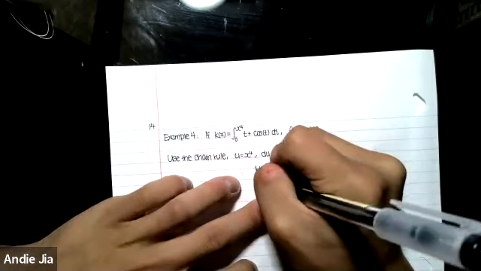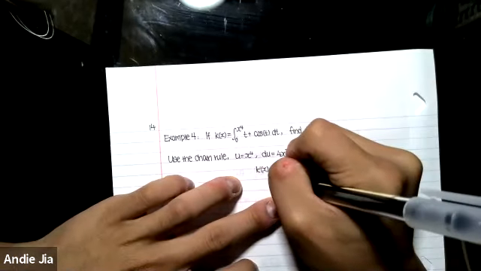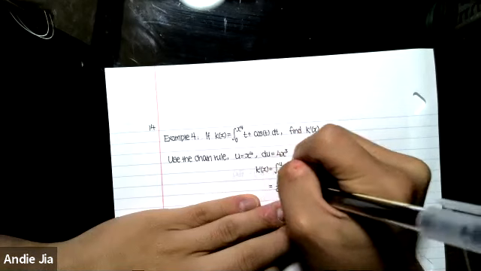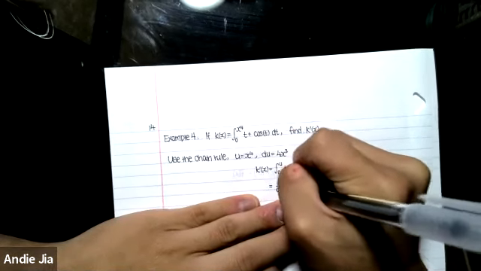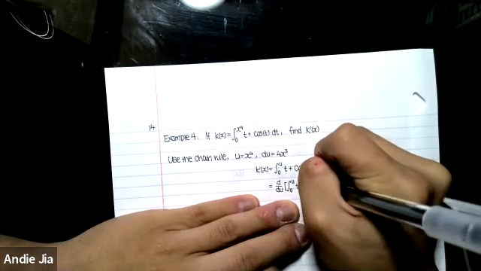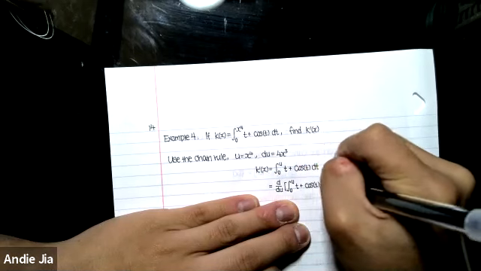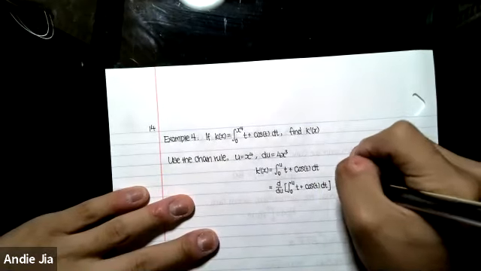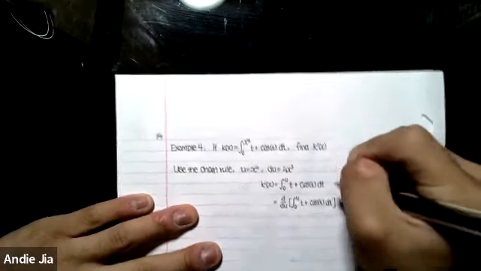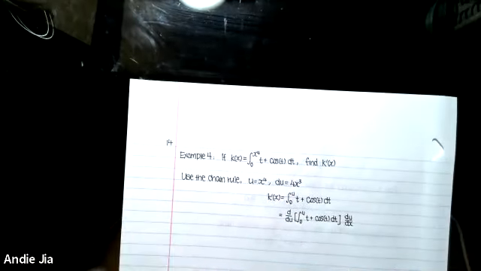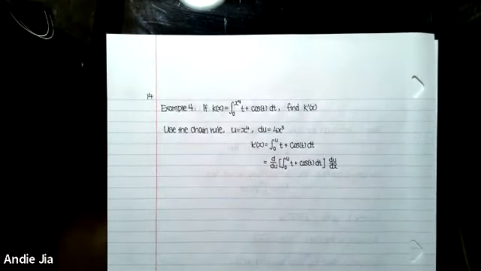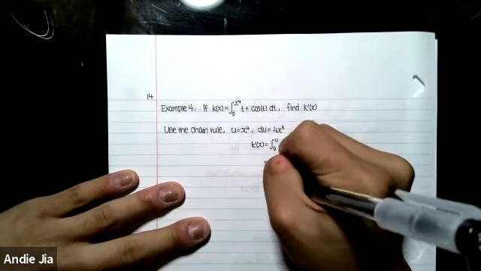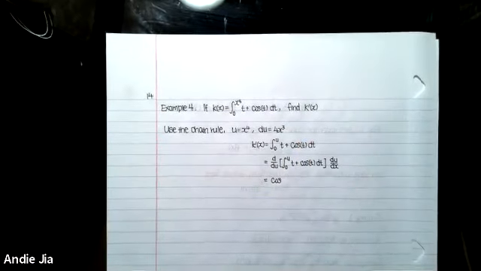And by the chain rule, we have the integrand evaluated at u, times du over dx, which is 4x cubed.